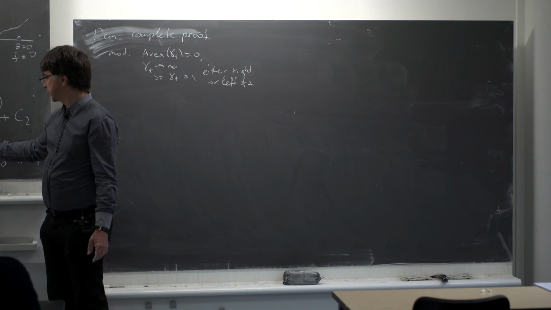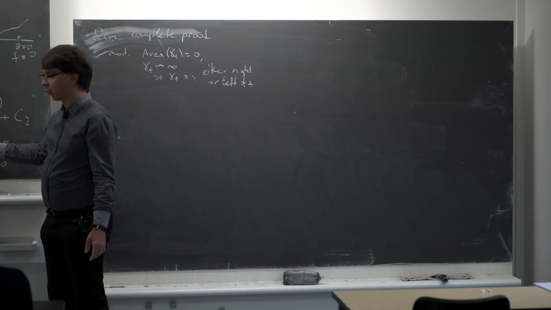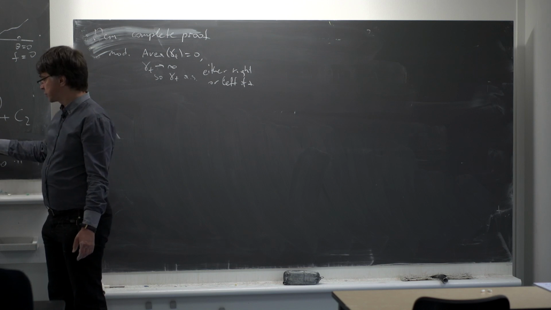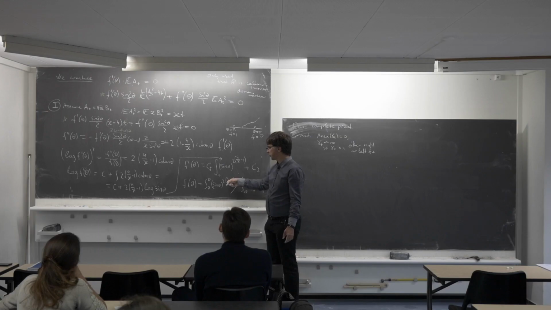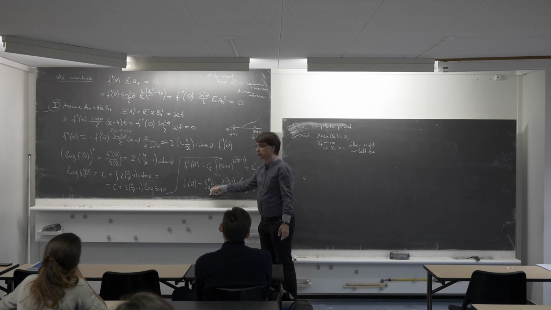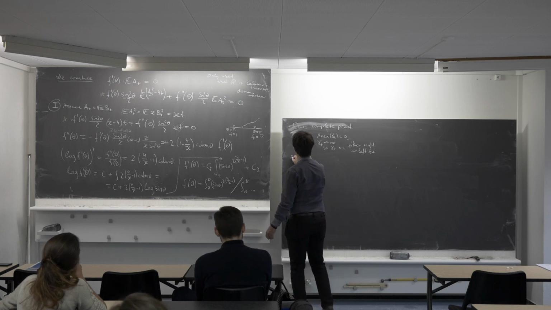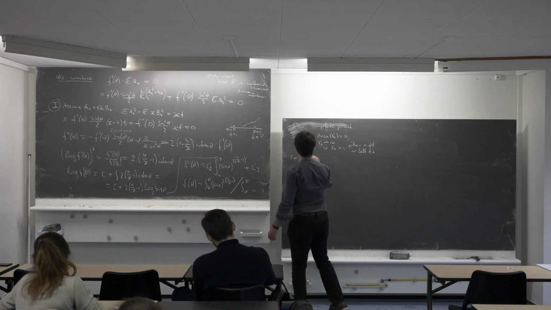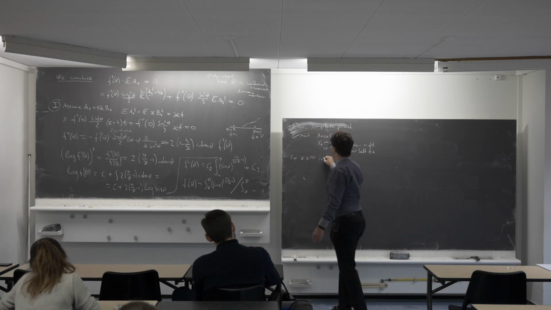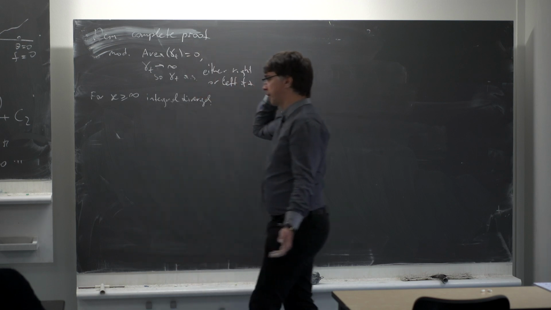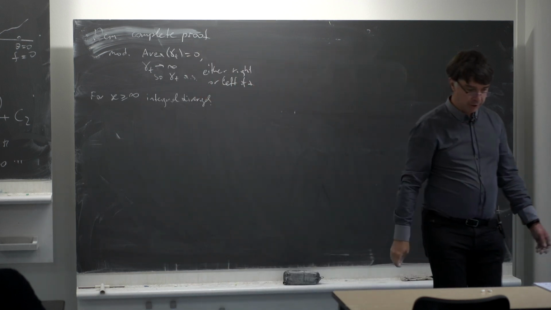Because if kappa is bigger than 8, then 4 over kappa is smaller than 1/2. 1/2 minus 1 gives you minus 1/2, times 2 it gives you minus 1. So you won't be able to integrate it near 0. It will be a non-integrable singularity. So for kappa bigger than 8, the integral diverges, which is quite fine because the object doesn't make sense.